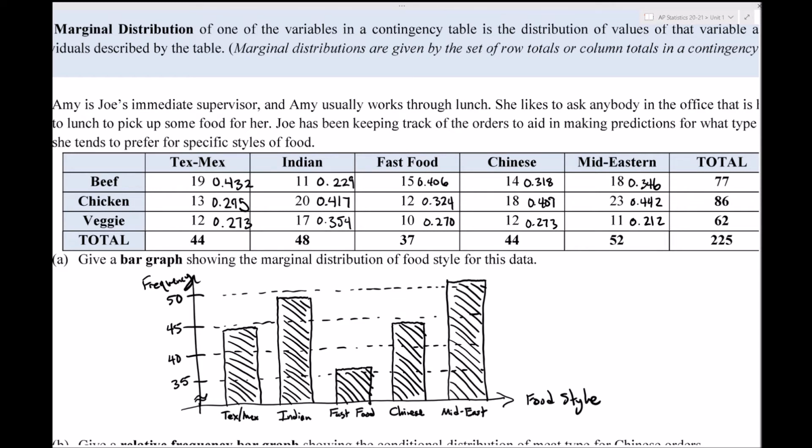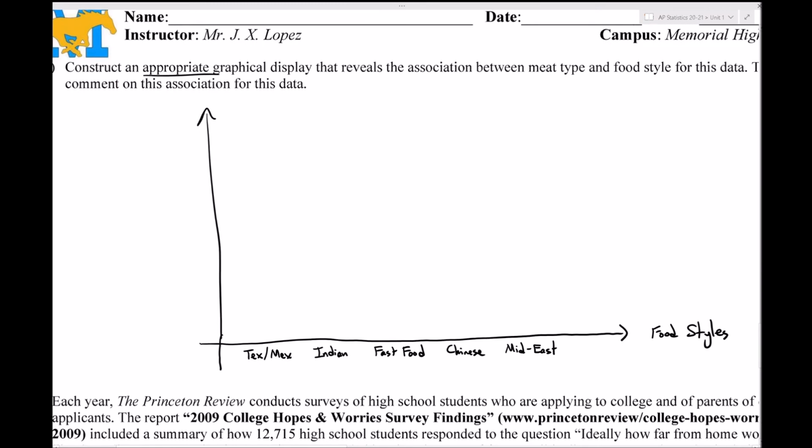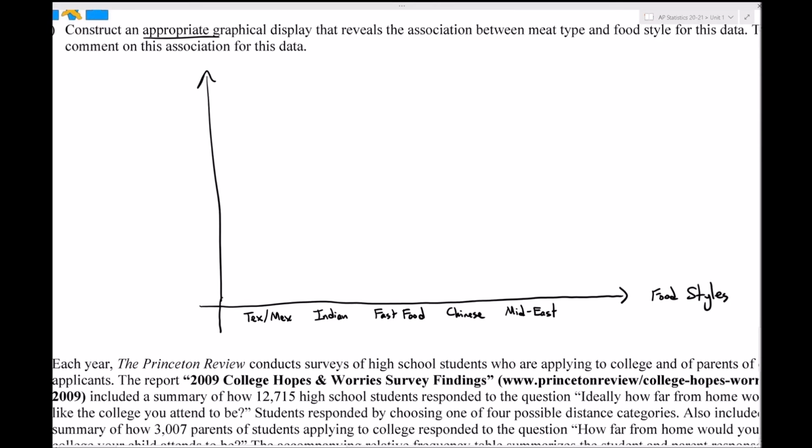So then what we're going to do is draw a bar where the segments are this large, and we'll see how that's done. That's going to be out of 100%. So we are going to have a bar for each of these 5 different values of food style, and we're going to set that at 100%. So again, I'm going with relative frequency here. All of them are going to have the same height.